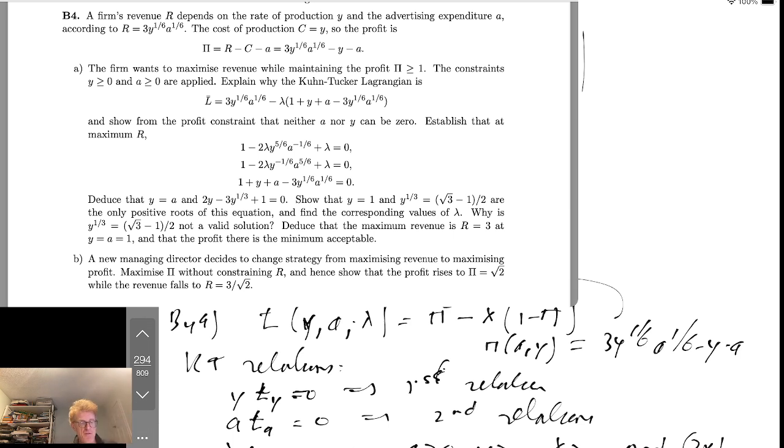Now the solutions, once you've done that: pi needs to be bigger than 1, and we have pi there, pi is bigger than 1, and that means, figure it out, that Y needs to be bigger than 0 and A needs to be bigger than 0.